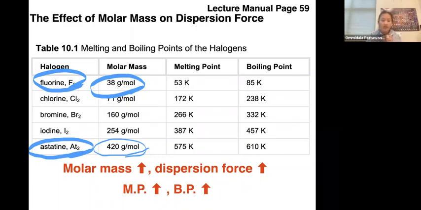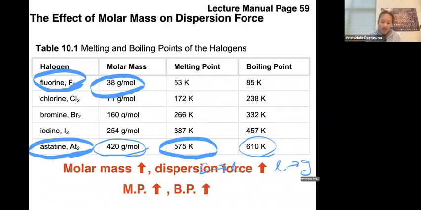The force that holds the molecules of astatine together would be stronger than in fluorine. Therefore, separating those molecules to change from solid to liquid or from liquid to gas requires much more energy than for fluorine. So that's why astatine has a higher boiling point than fluorine.